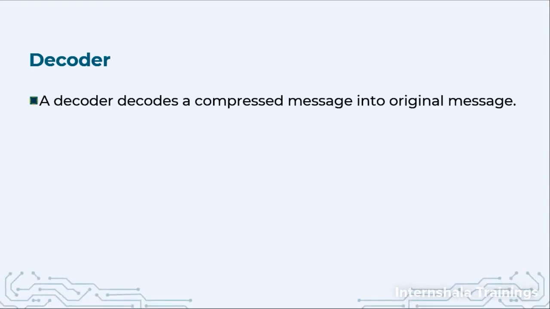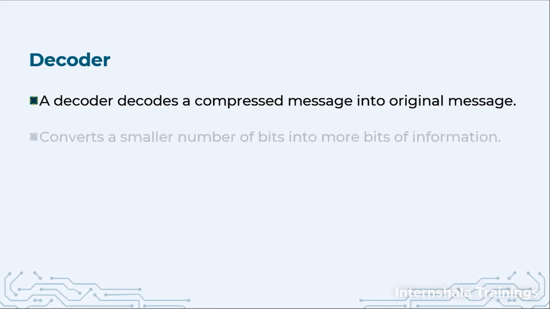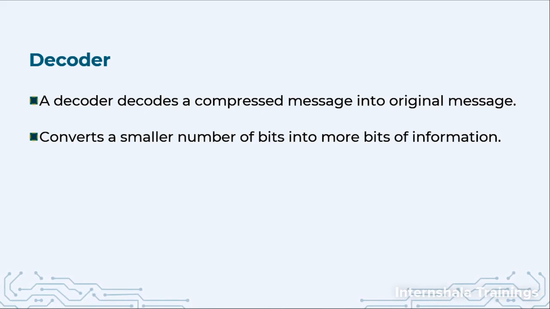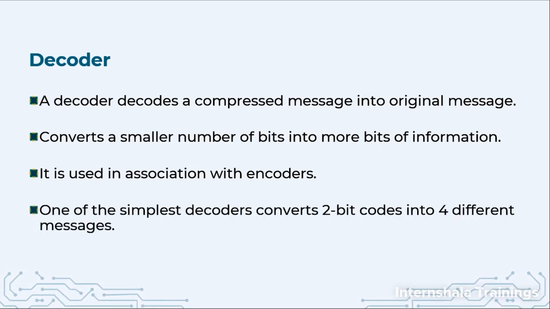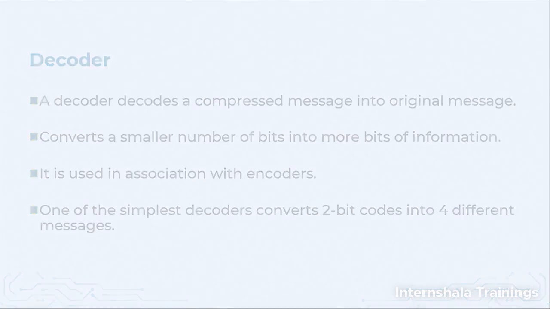So decoder, as the name suggests, it is going to decode something. And what does it decode? It decodes a compressed message into the original message. That means it is going to convert smaller data, that means less number of bits, into large number of bits. It is used in association with the encoders, and one of the simplest decoders is that we can convert 2 bits of incoming data into 4 different messages.